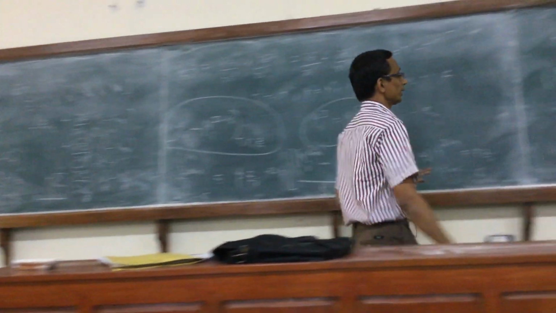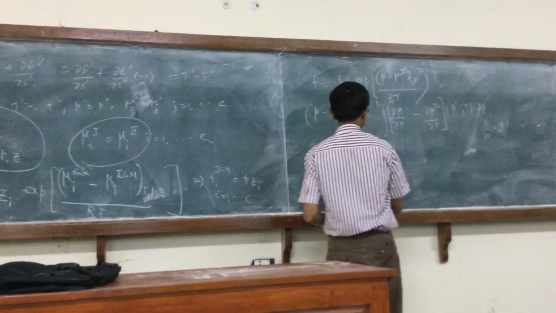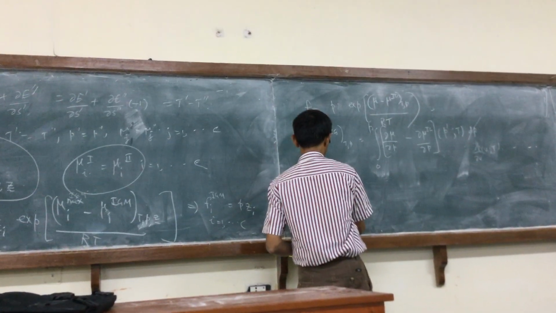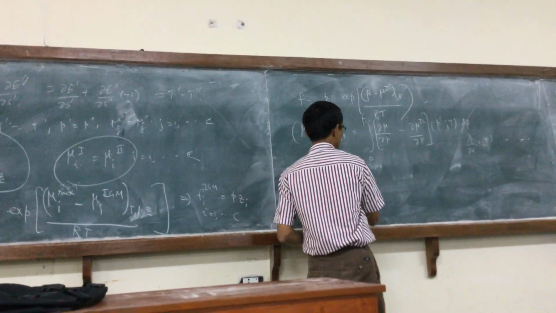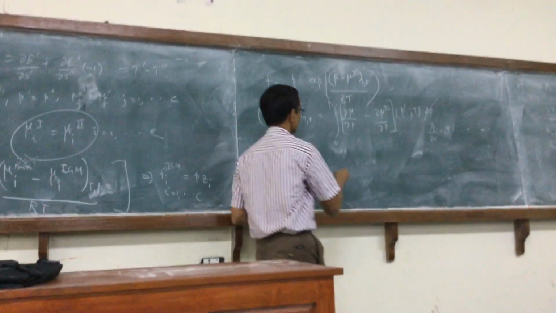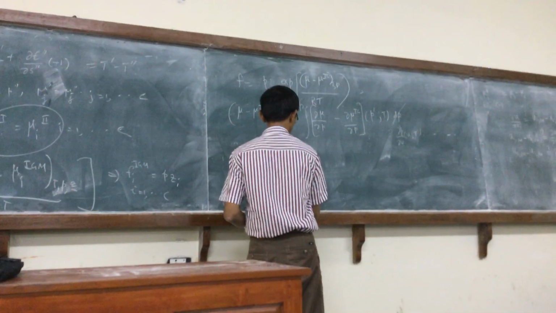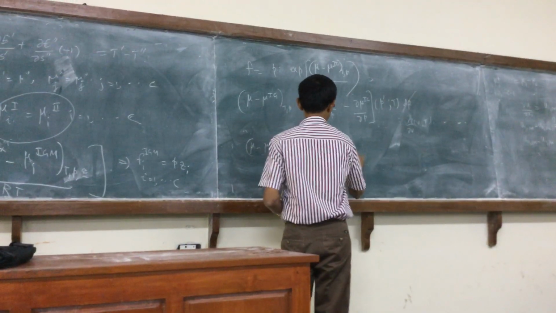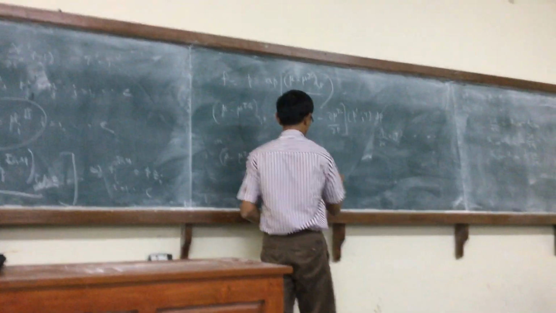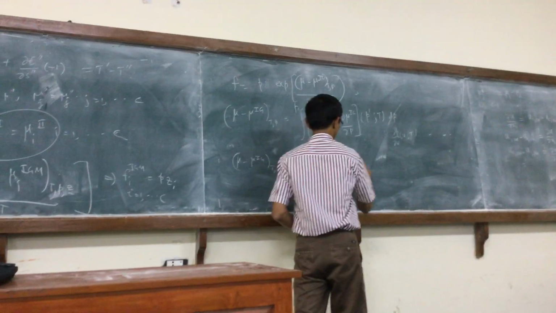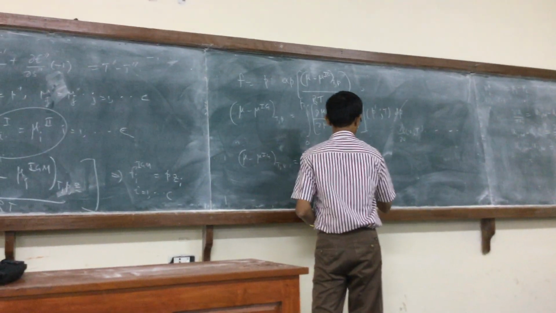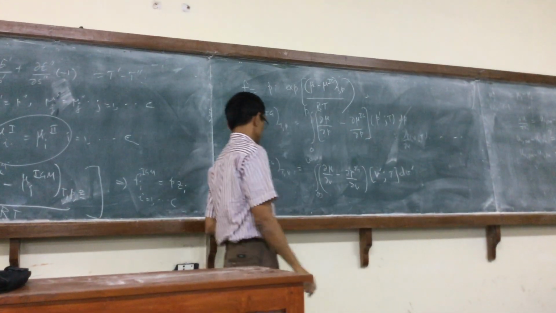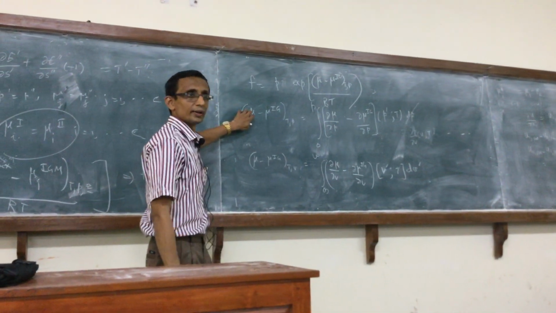Another way is that this I can write first. So that can be very easily calculated. That this will be C infinity to T. But I know that I want this, right?